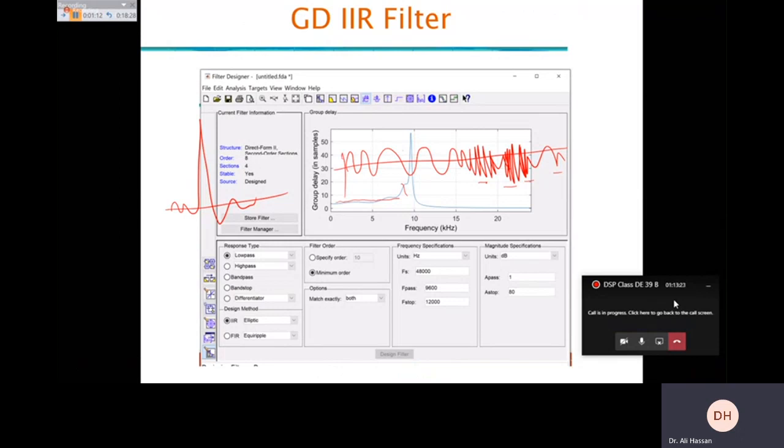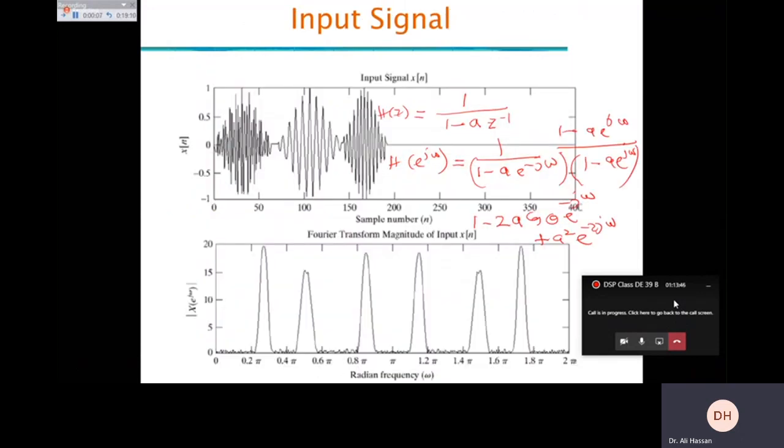And if you have a signal where you have higher frequency in the start, then you have lower frequencies, they are going to change. This is a good example. Here, a signal is created where you have a high frequency component, a low frequency component and a medium frequency component.